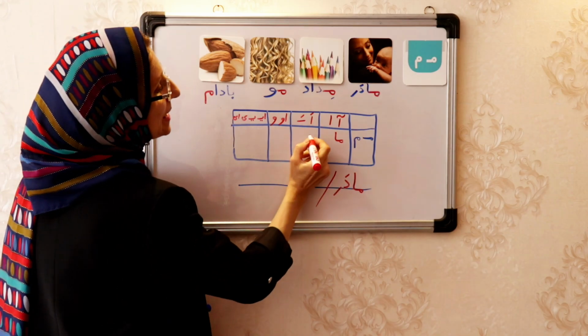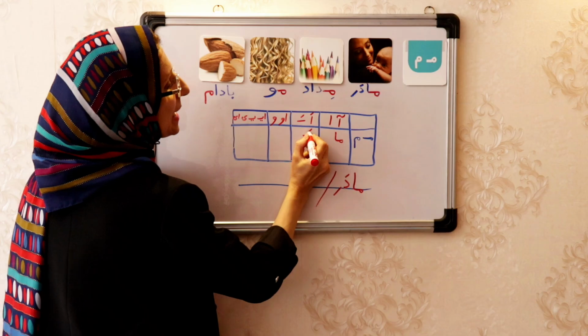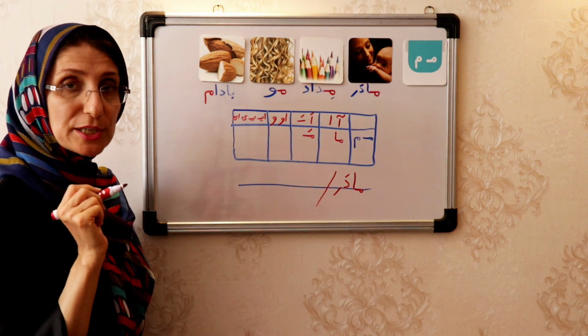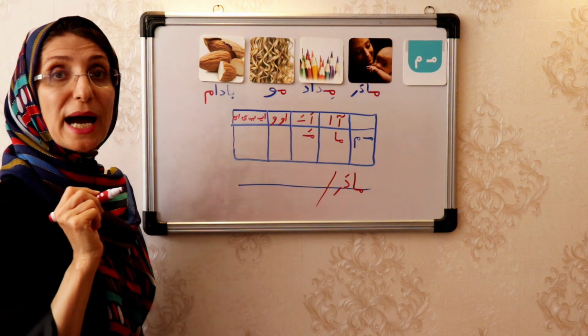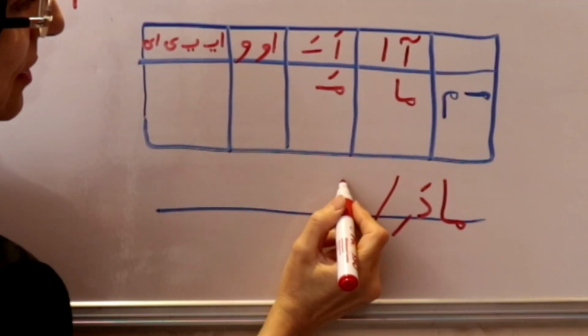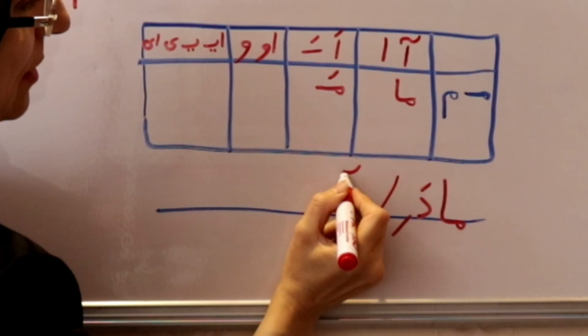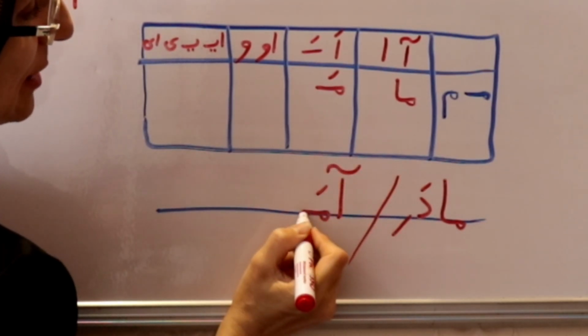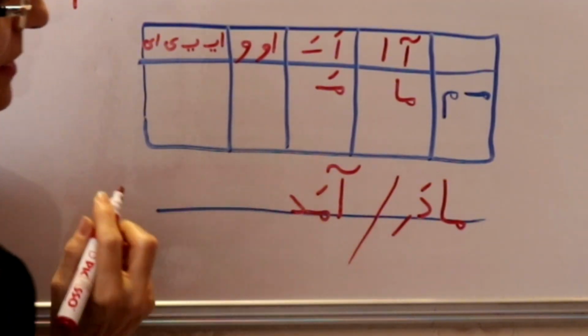"Me" and "a" will be "ma". "Ma" like a verb in Persian, آمد, that you have learned, آ. Now "me" and "a" and "d".